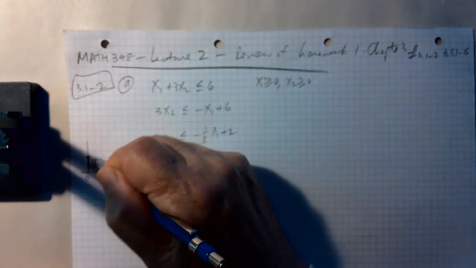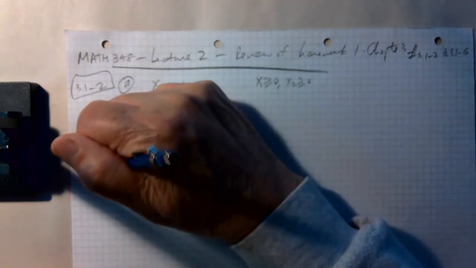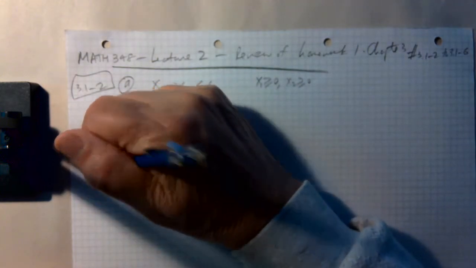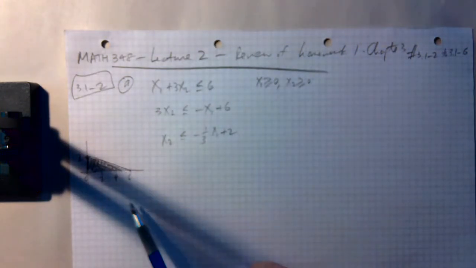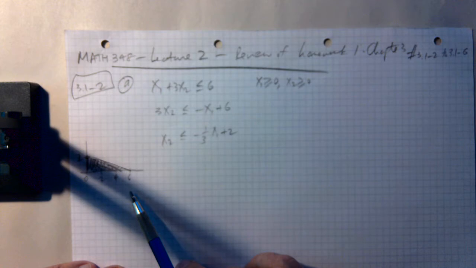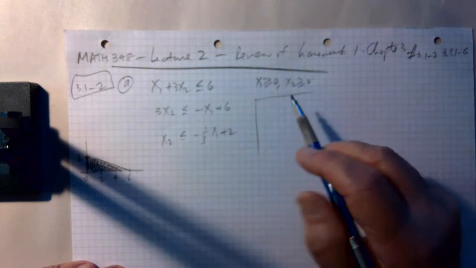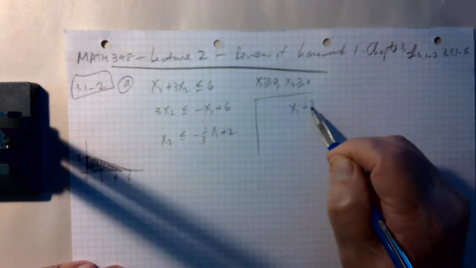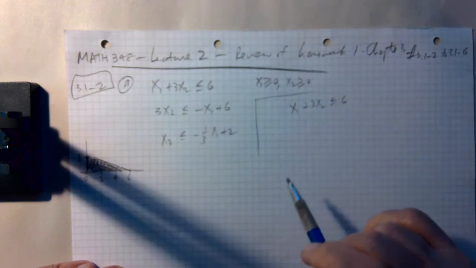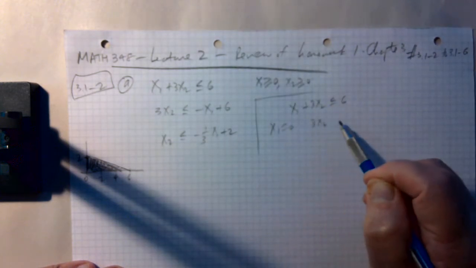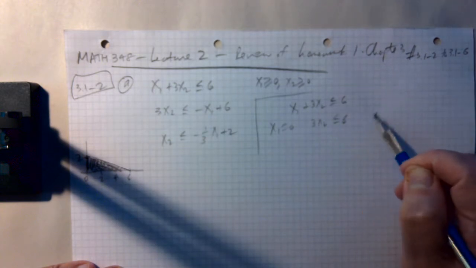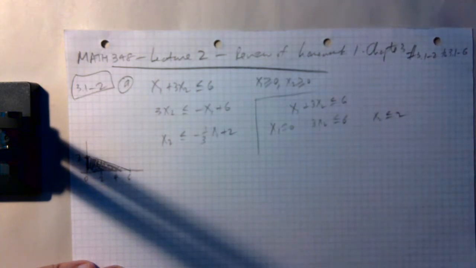So this is the solution to the problem. We just draw that region. You could also do this in a slightly different way. If you have x1 plus 3x2 less than or equal to 6, when x1 is 0, 3x2 less than or equal to 6 means x2 is at most 2.